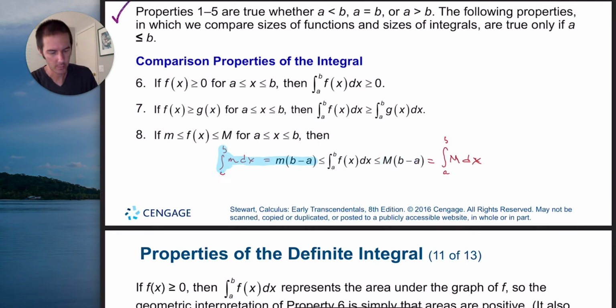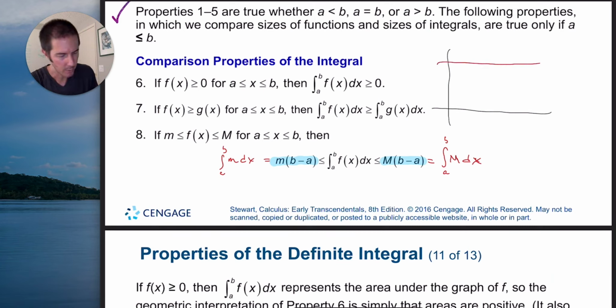Okay, so knowing that this is really the area of a rectangle, and this is the area of a rectangle, what we're being told in number 8 is that the lowercase m rectangle is literally below the function, and the uppercase m is above the function. Let's draw it. For as bad as my diagrams are, I'm always happy to draw them.